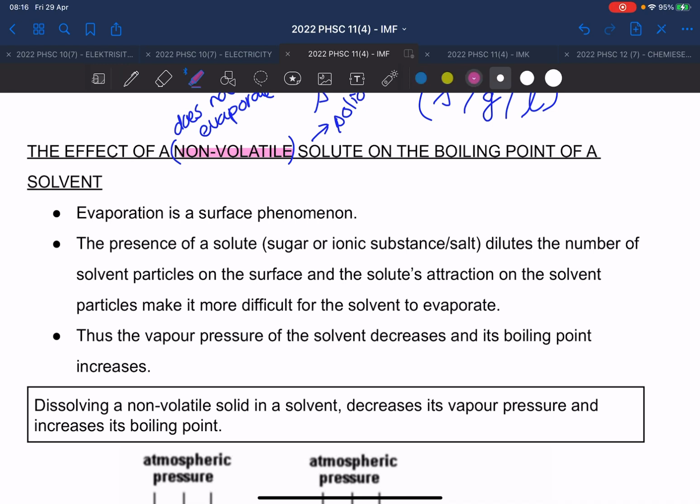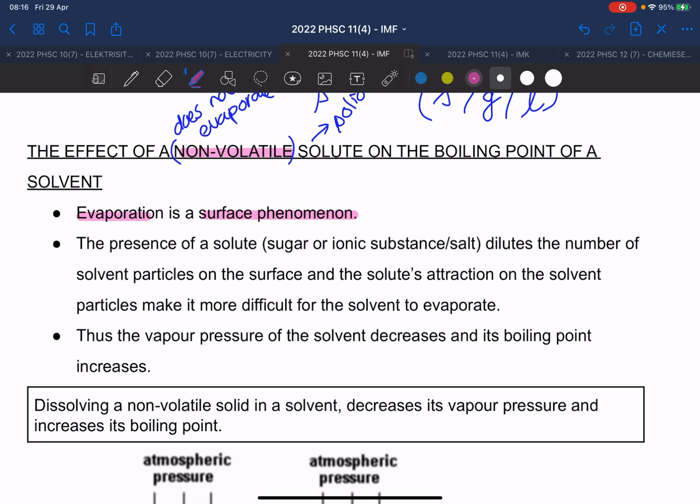Okay, so the moral of the story here is, why do you add salt to your water before you boil anything? To increase the boiling point. This is what we're going to investigate here. Evaporation is a surface phenomenon. It means it happens on the surface. Something doesn't evaporate from the bottom, it evaporates from the top.